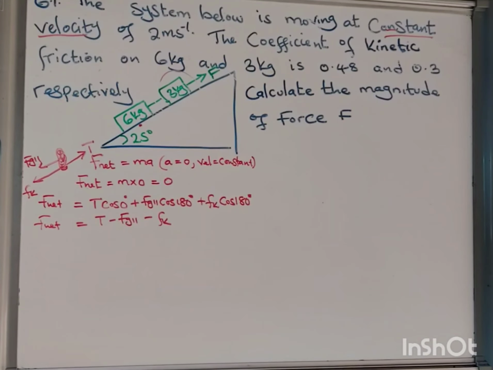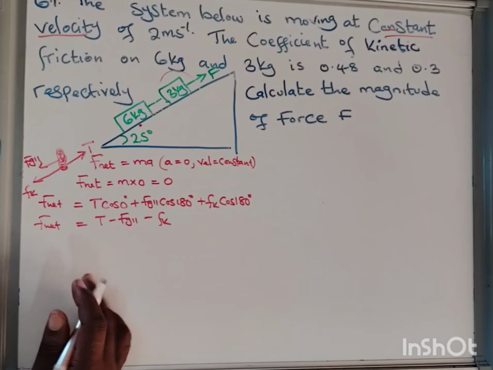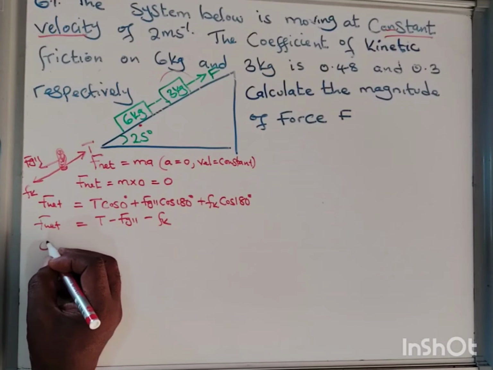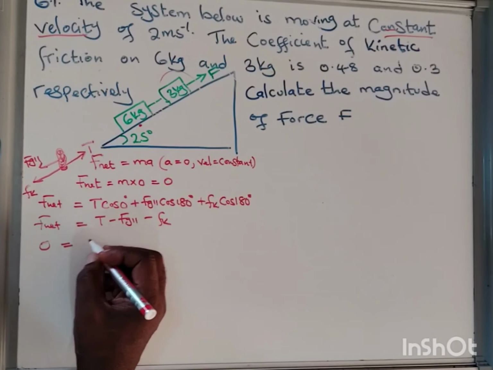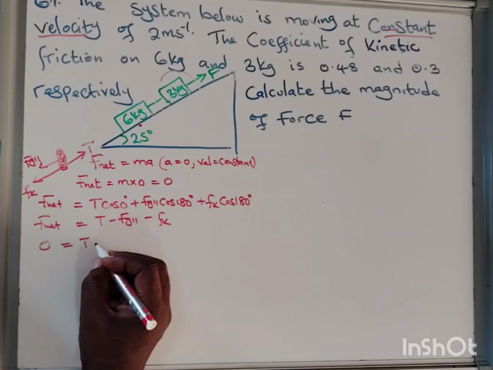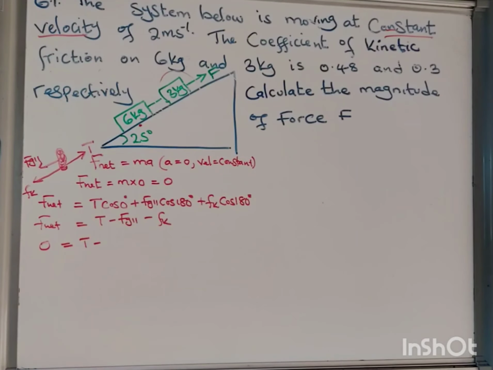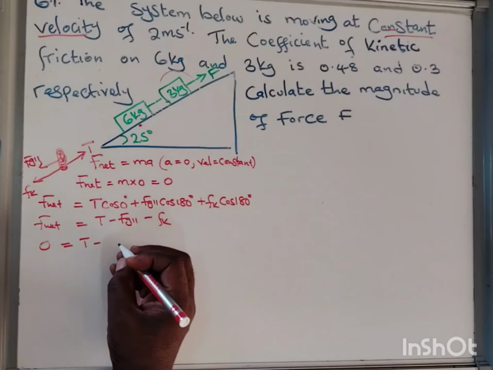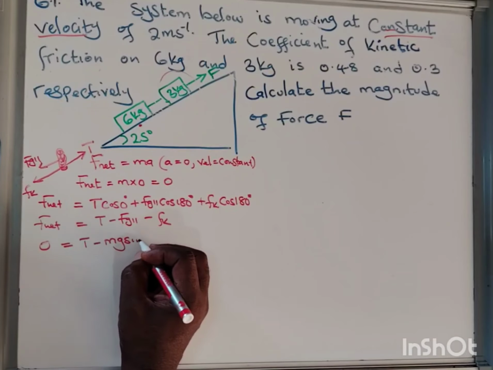From here we can substitute for net force, which is 0, so 0 is equal to T, which we don't know, minus Fg parallel. We have to remember that the parallel component of gravitational force on an incline is mg sine alpha.